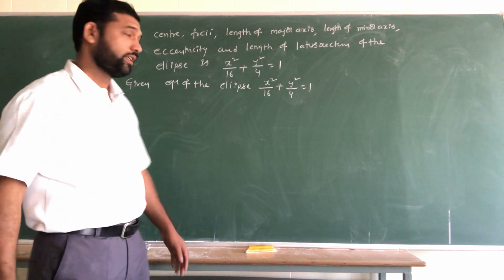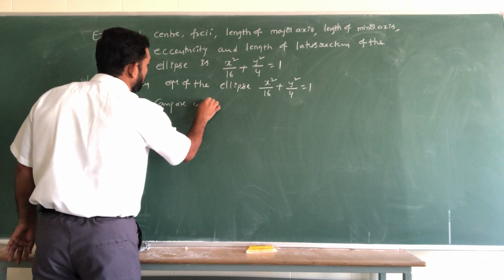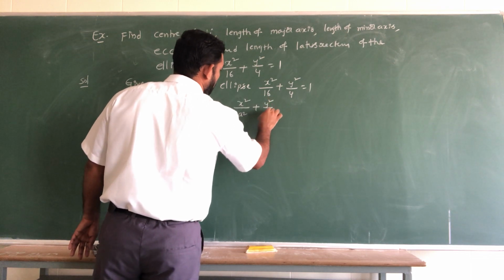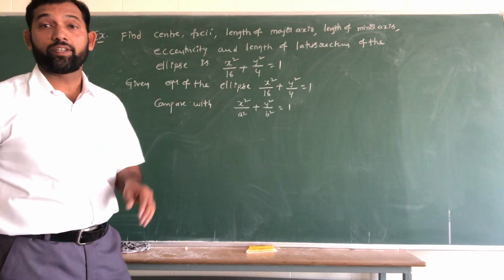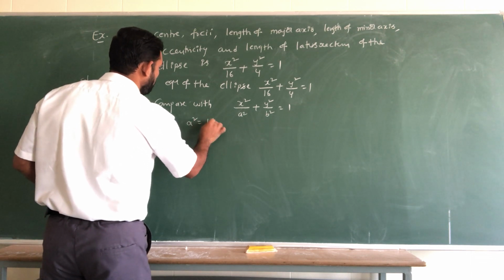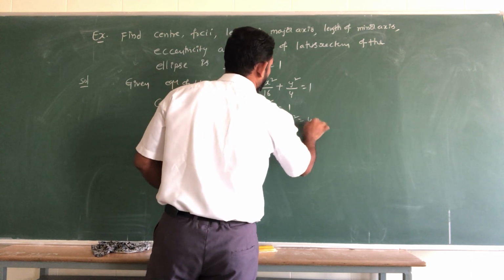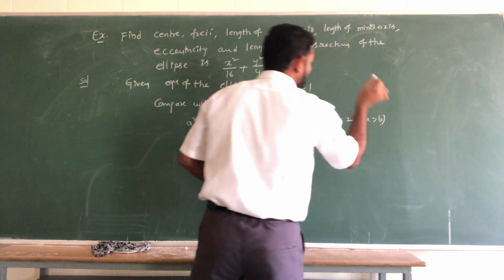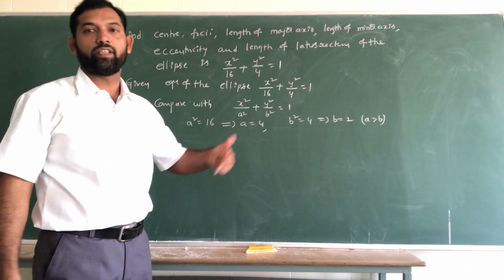You have to compare it with the ellipse equation x square by a square plus y square by b square equal to 1, and then decide whether a is greater than b or a is less than b. So a square is equal to 16, so a is equal to 4, taking the positive value. b square is equal to 4, so b is equal to 2. Now a is greater than b.